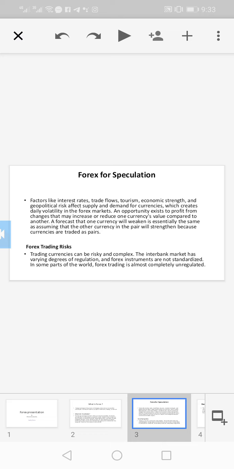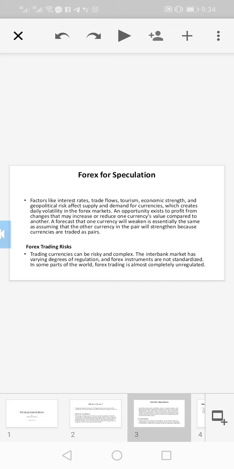So we expect that, okay, since the United States and those countries already have a vaccine, we expect their economy to boom, to go up. And we expect that South Africa, for example, the rand might lose value. Okay.